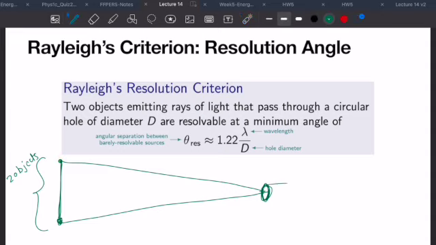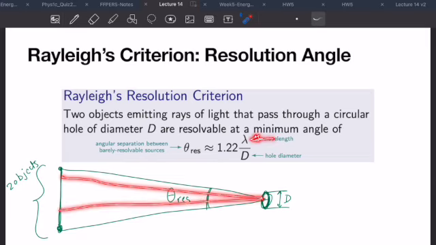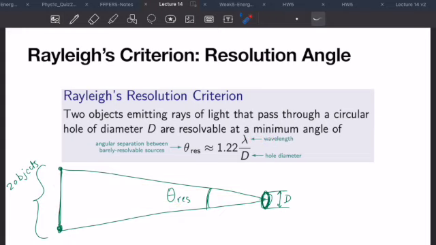D specifically is the diameter of the circular aperture that these light rays pass through. Then this angle, theta res, has the following condition on the limit. Basically, when theta res is 1.22 lambda over d, this is the smallest angle you can resolve. If I bring these any closer together, given the wavelength of light I'm using to look at these, we're no longer going to be able to resolve between the 2 objects.